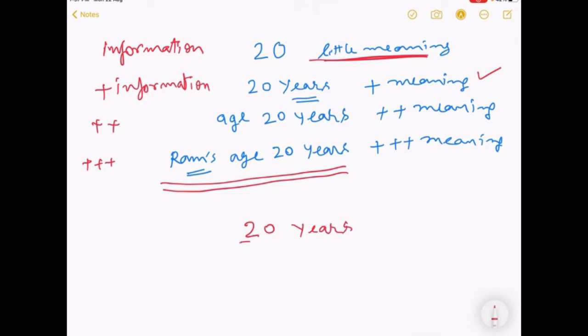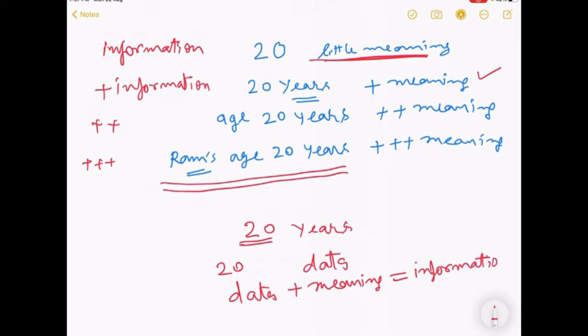If I say 20 as data, and if I say data plus some meaning, somebody can say it is information.